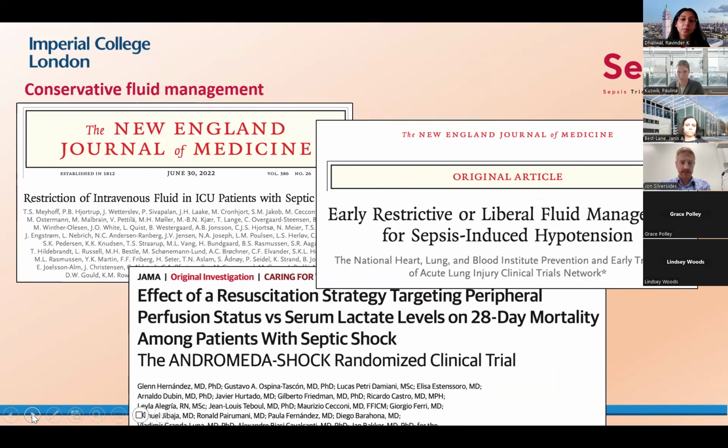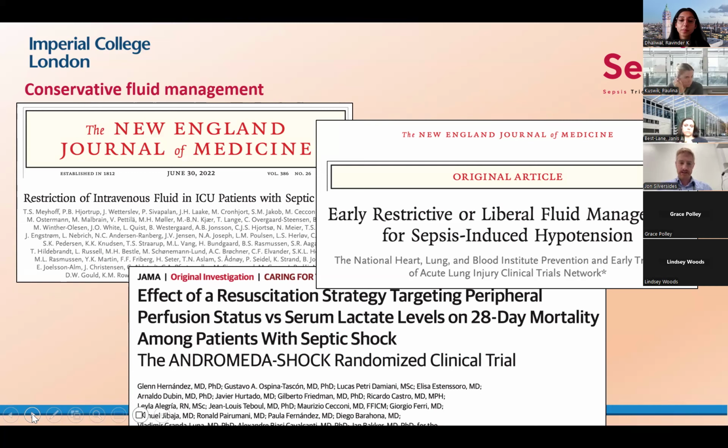Okay, so since then, over the last few years, we've had another number of randomized trials looking at this question of what you do with IV fluid resuscitation in sepsis. There's the Clover study, the Classic study, and the Andromeda Shock trial. So these are three large trials, and they're all looking at slightly different questions.